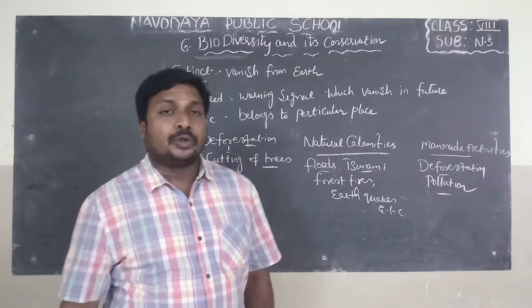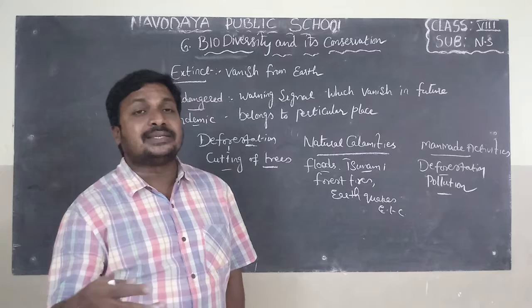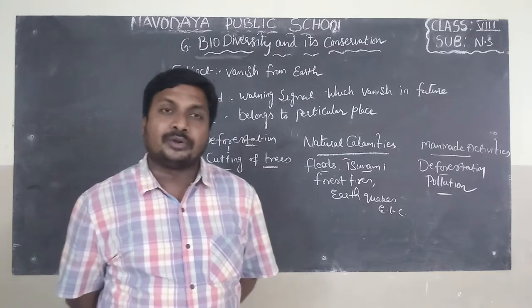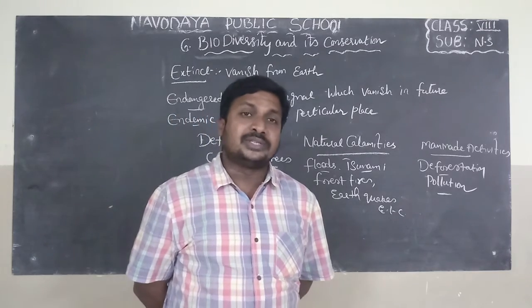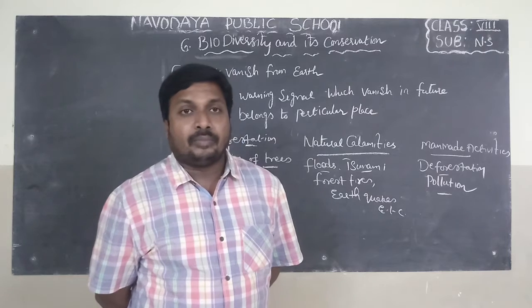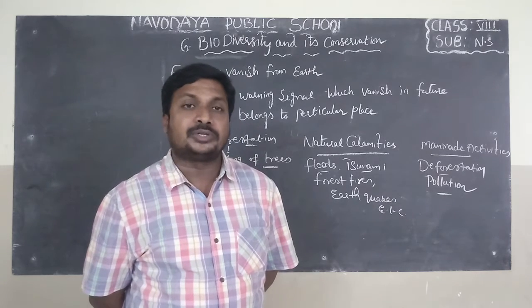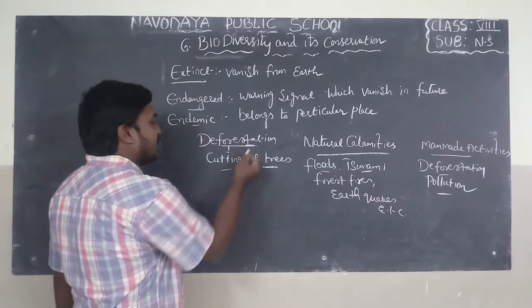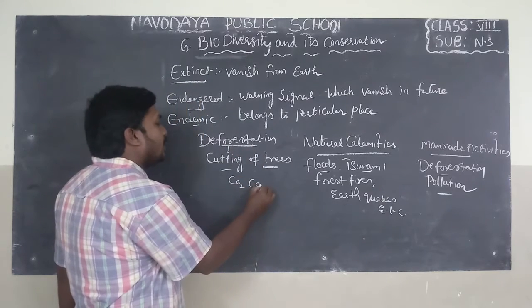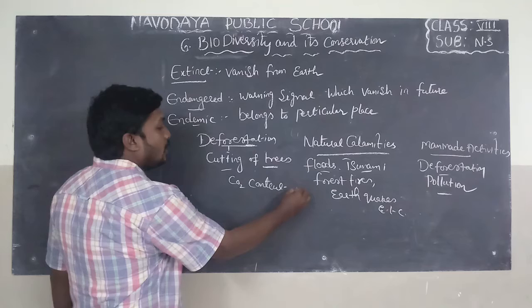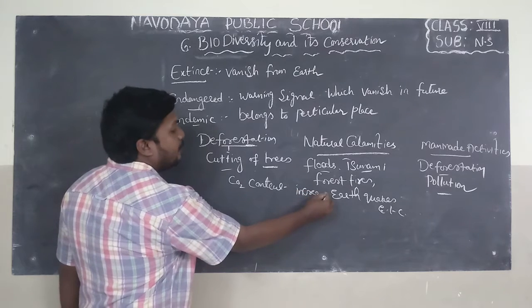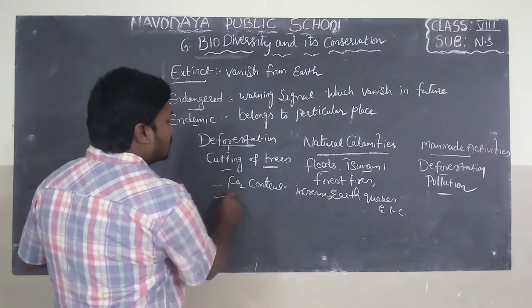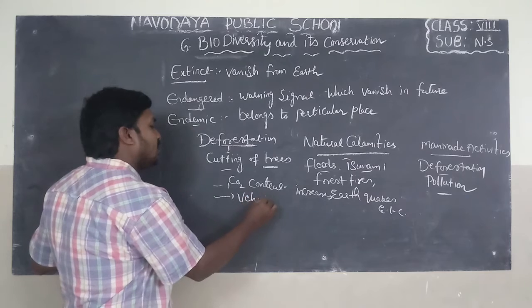Nowadays we are increasing the rate of pollution. We are using more vehicles. These vehicles produce a lot of carbon dioxide. Do you know, when deforestation takes place, the CO2 content in the atmosphere increases, and CO2 also increases due to vehicles.